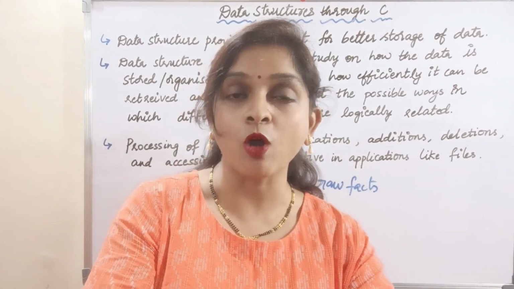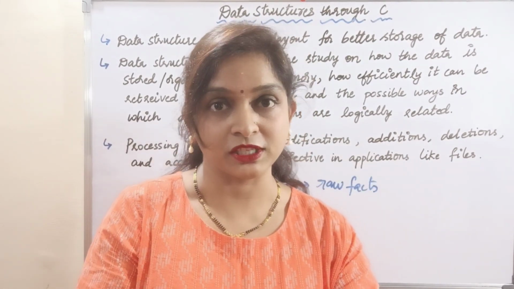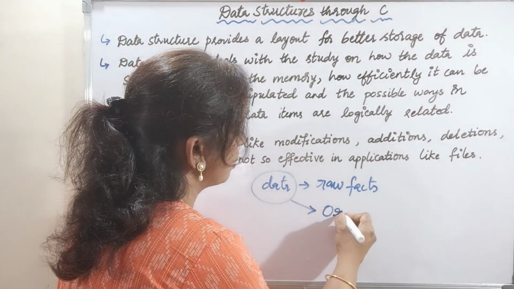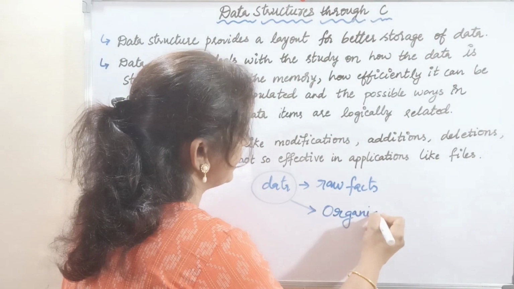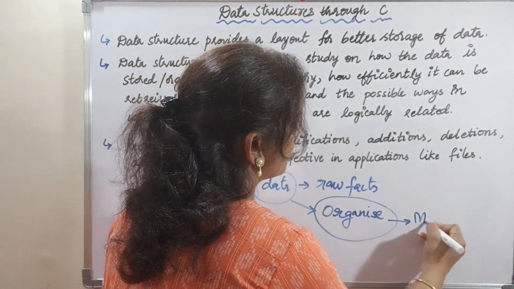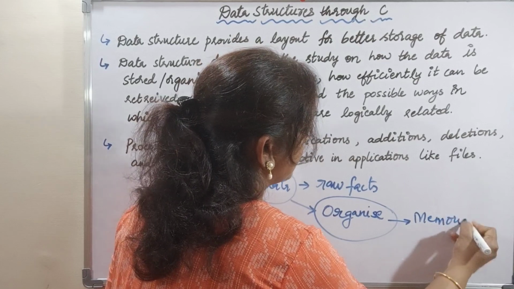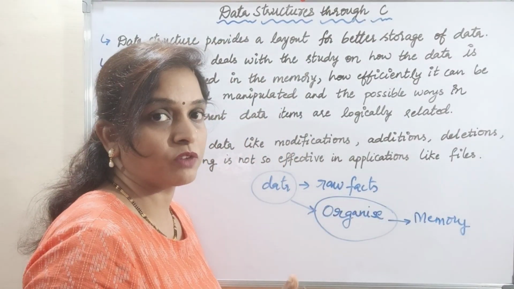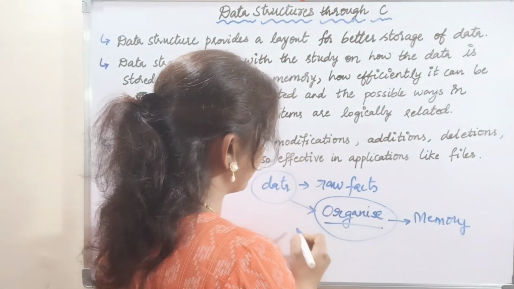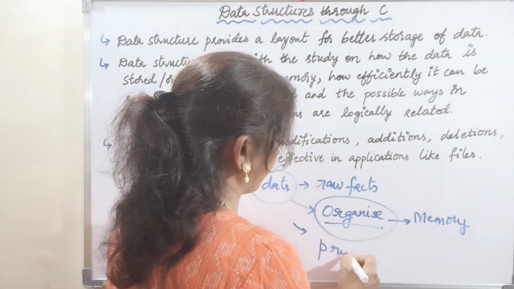Then next comes how we are going to process it. So we need to think about how we are going to organize the data. So organizing the data inside the computer's memory is the first thing that we need to do.